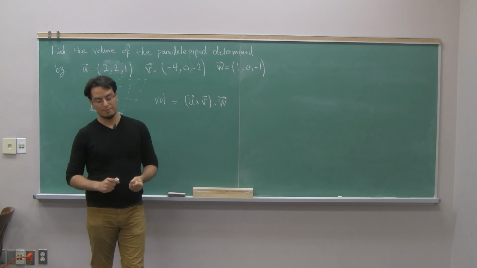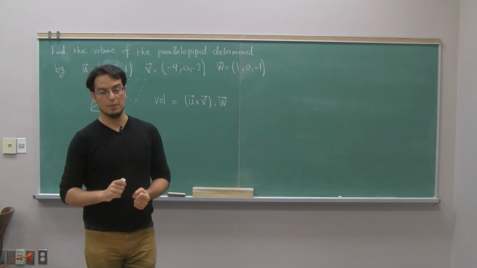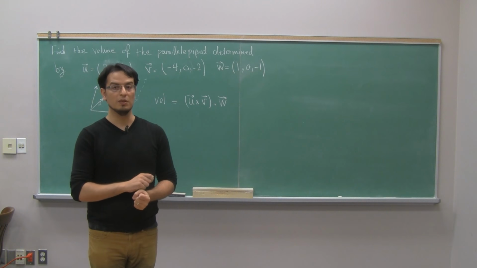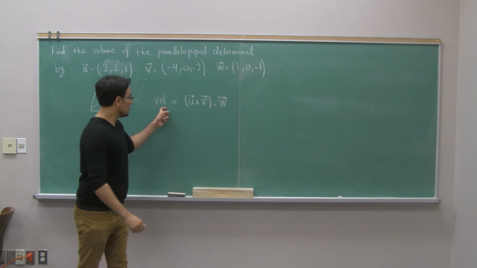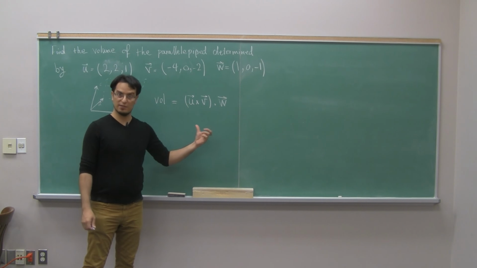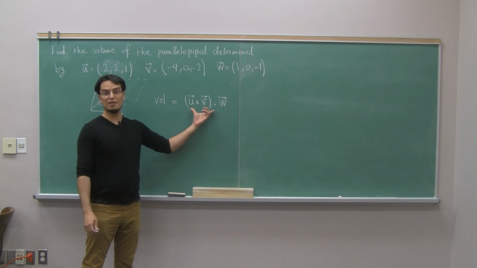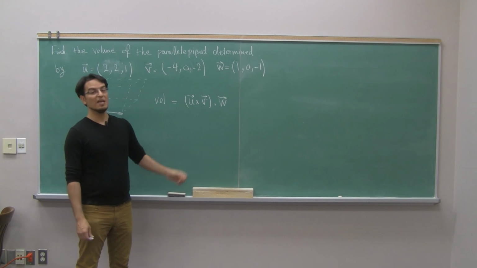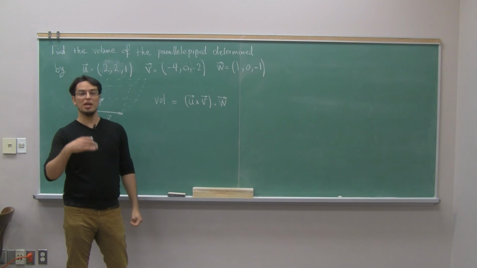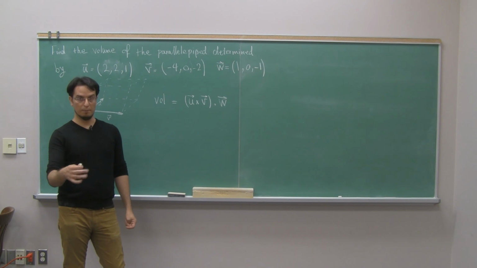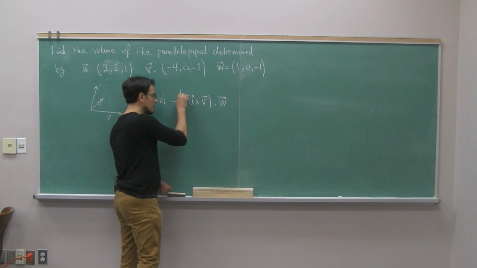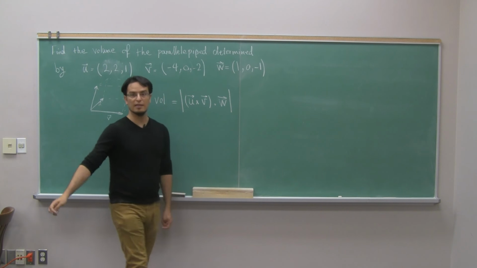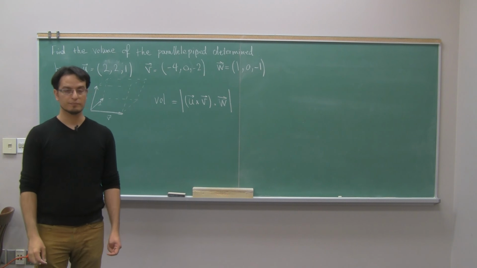Here's a very important thing about this formula. The volume should be a positive number, but this value sometimes is not positive. We have to change it to a positive number by taking its absolute value.